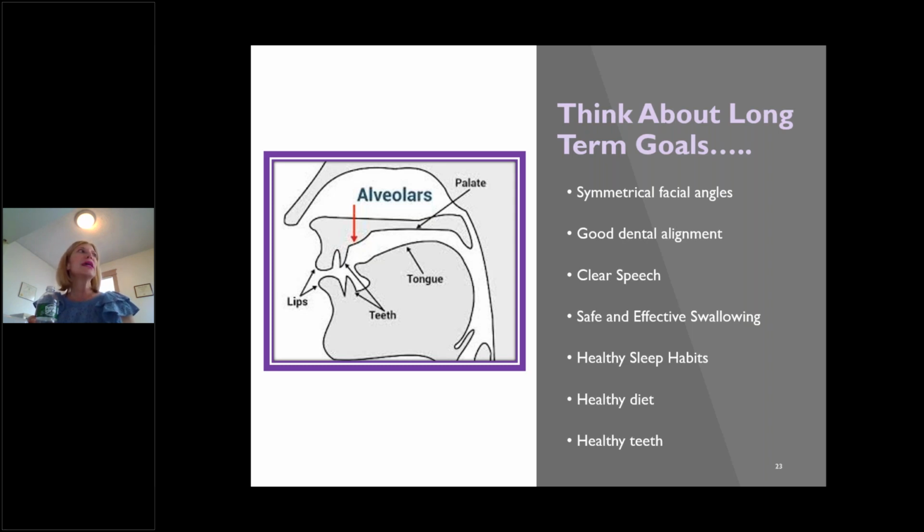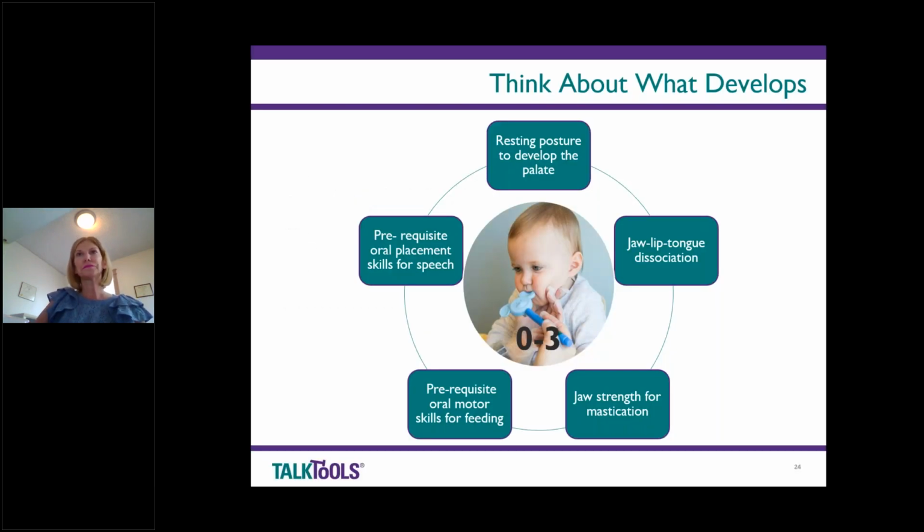So if you're seeing a 3-year-old and the parents say, oh wow, we went for their first dental visit and I can't believe this kid has a mouth full of cavities, or you see bottle rot in the teeth, this is really important to pay attention to, because if it starts that early, it's certainly going to get even worse in the long run. And in the 0 to 3-year-old population, let's think about what develops.